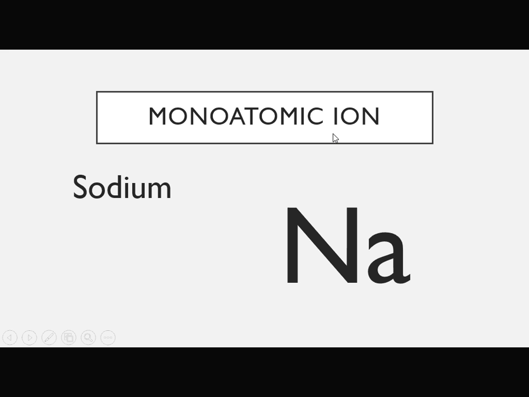It only has 10 electrons. So the net charge of sodium is a +1. When I do that, I have now created the sodium ion, Na+1. So that would be a cation. A cation because it is a positive ion.